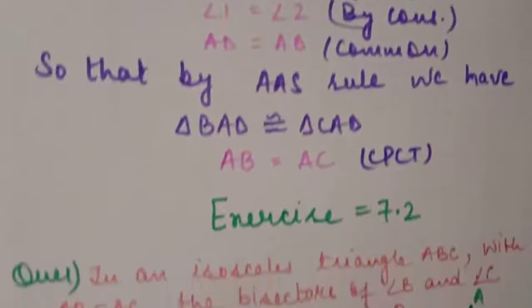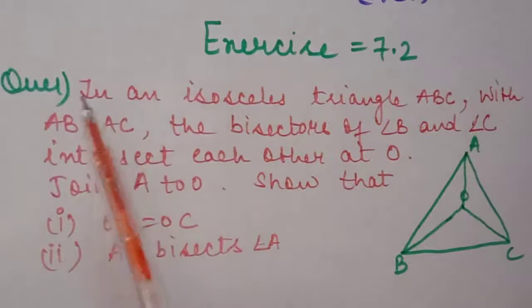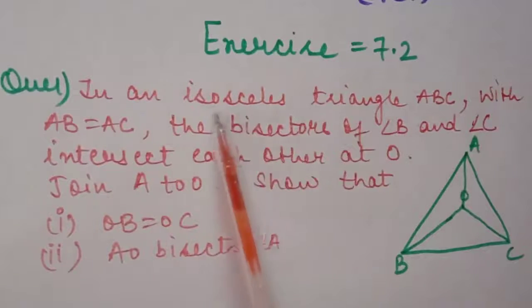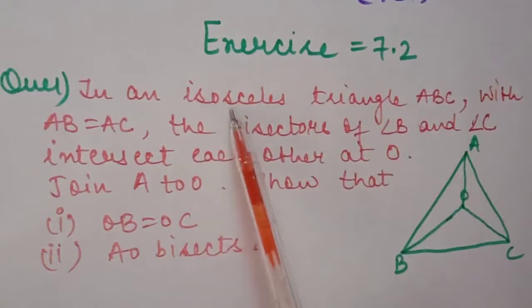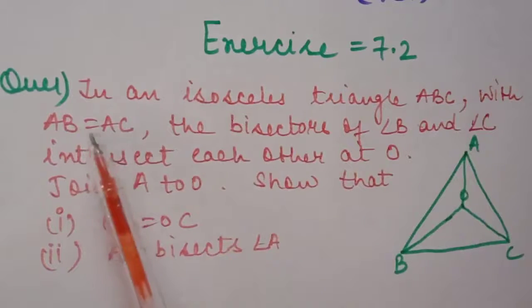So we will start your exercise 7.2. The first question of exercise 7.2 is: in an isosceles triangle, it is very clear from this line that two sides are equal to each other, AB is equal to AC.